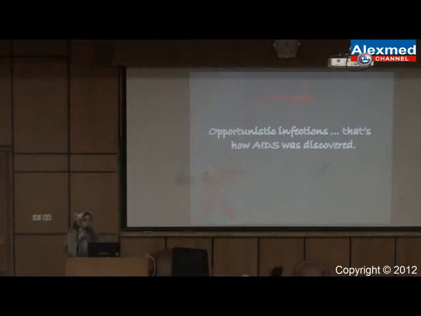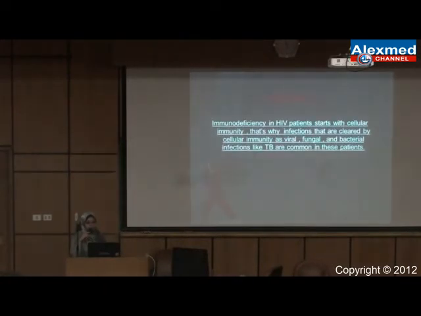And by checking their blood profile, they had no CD4 cells, and that was the beginning of the discovery of AIDS patients. A small piece of knowledge we have to share is that immune deficiency in HIV patients starts in the cellular immunity, and that's why the beginning of the infection is with organisms that need cellular immunity to be cleared, such as viral, fungal, and bacterial, such as TB.